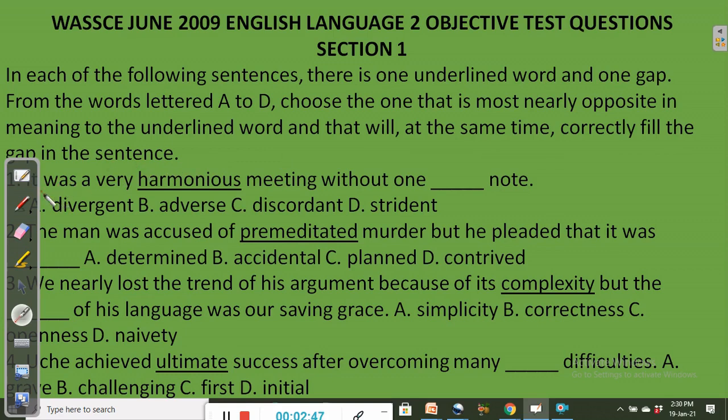Let's begin with question number 1. It was a very harmonious meeting without one dash note. First, you understand the meaning of the underlined word. This is where having a large active vocabulary becomes a necessity, because your vocabulary is the totality of the words you know in a language, and we have active vocabulary and passive vocabulary.